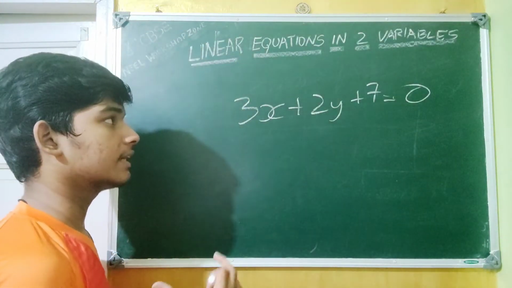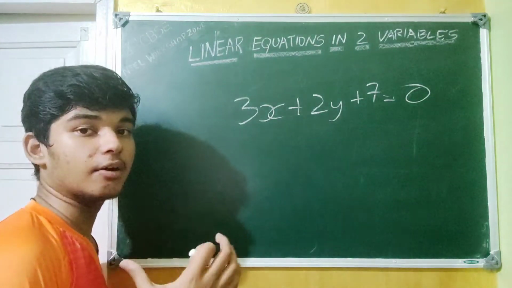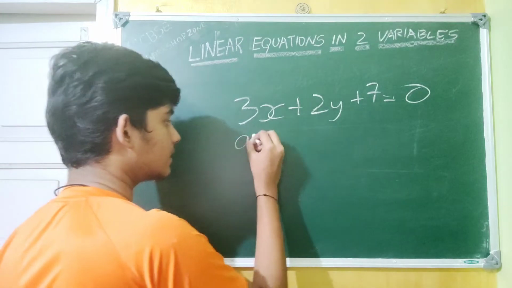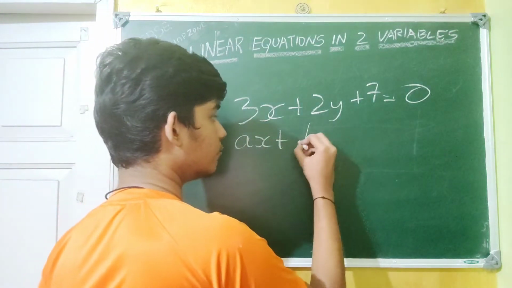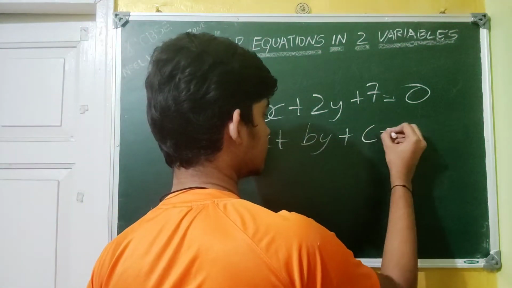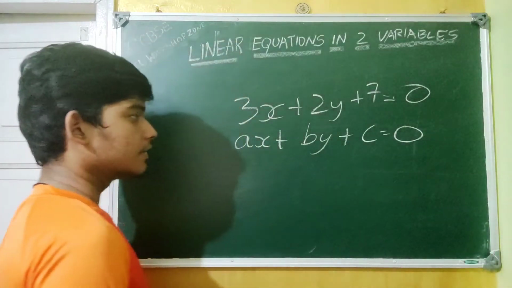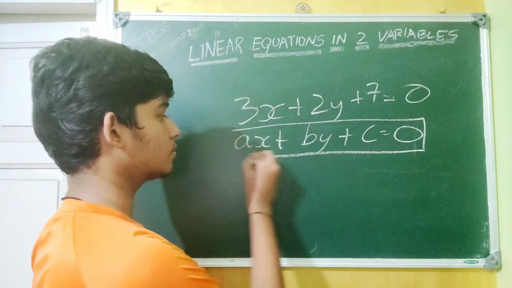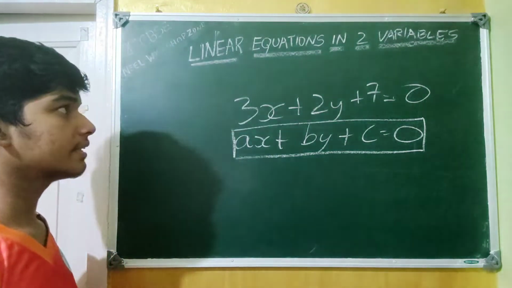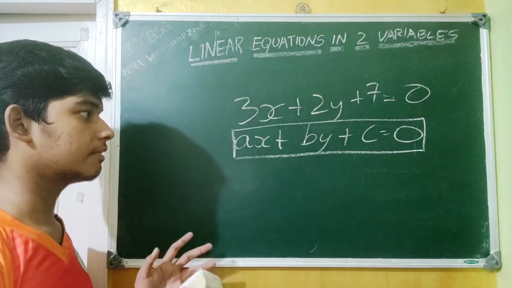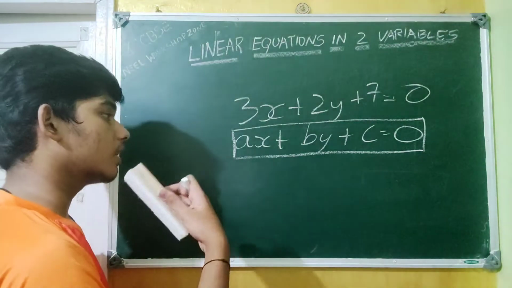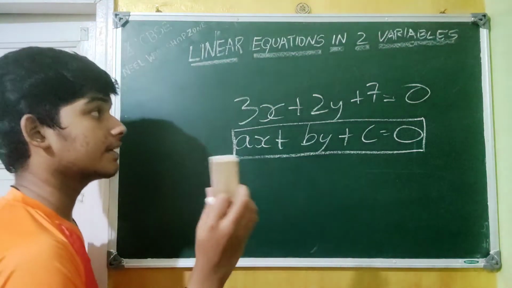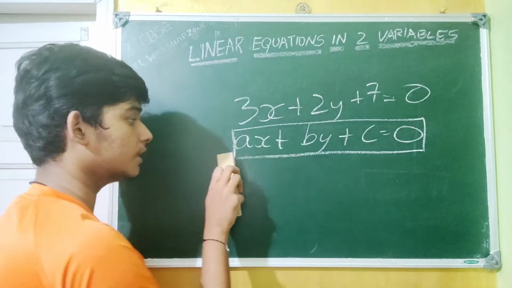Every linear equation in two variables must have a common form, and that common form is ax + by + c = 0. When you compare this general form to linear equations in two variables, you can understand that they have this same general form.